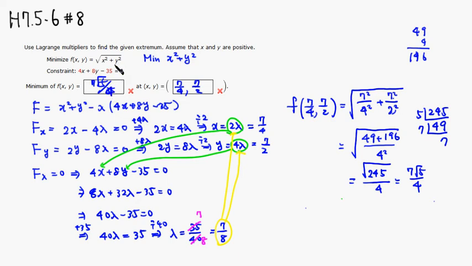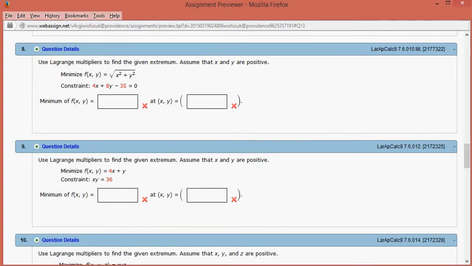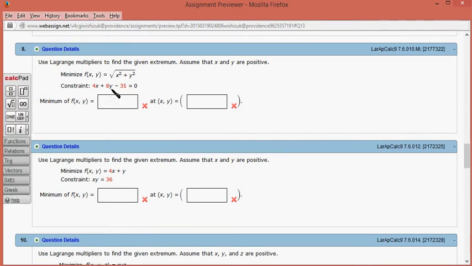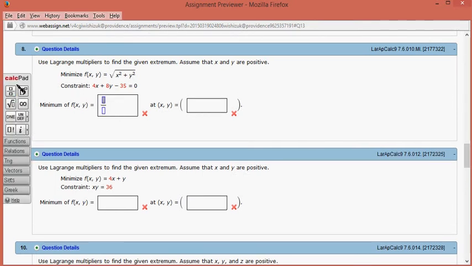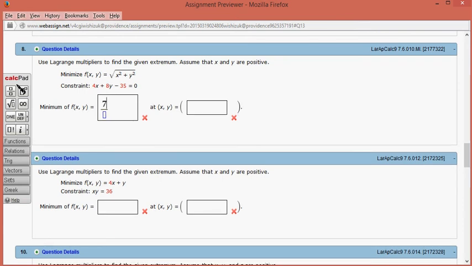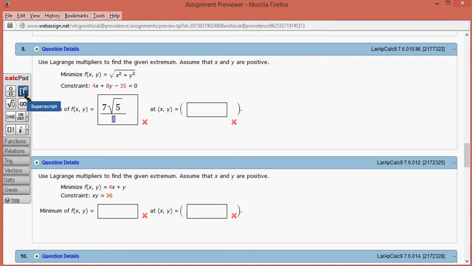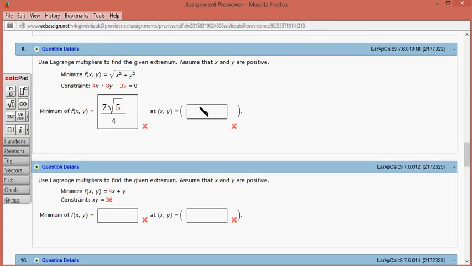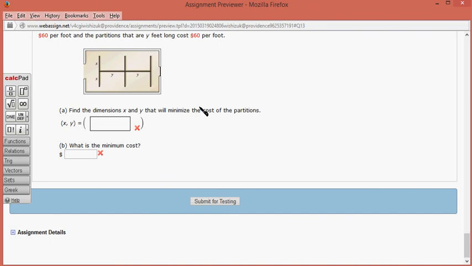Let's put that in. So we have 7 square root of 5 over 4, at 7 quarters and 7 halves. Right, so let's check the answer.